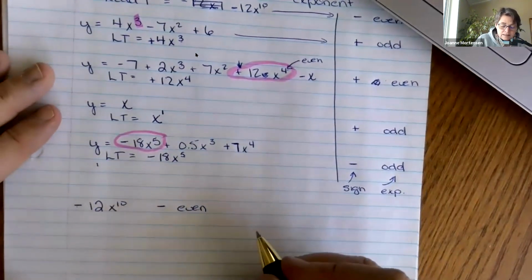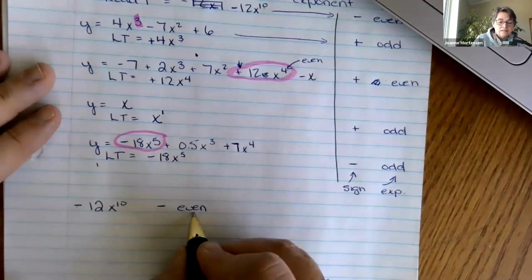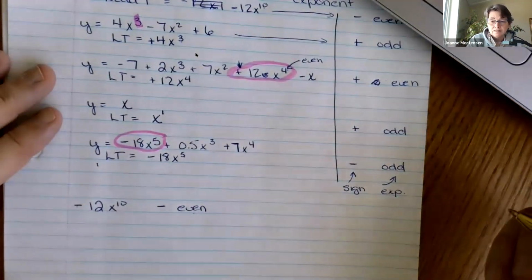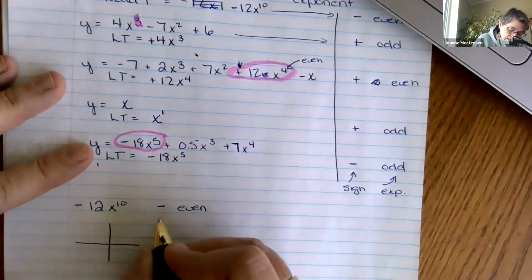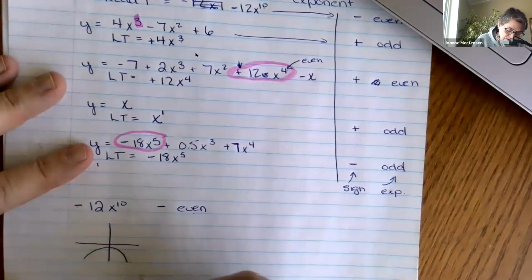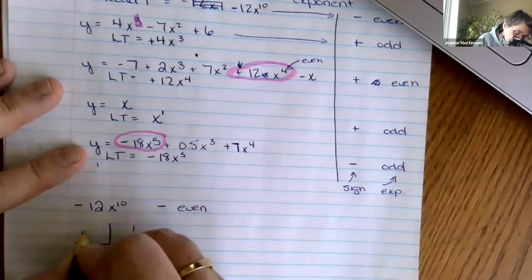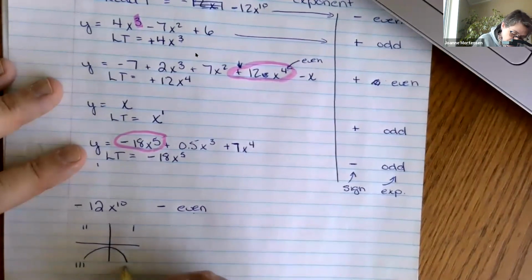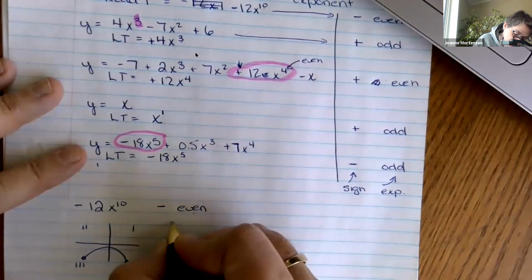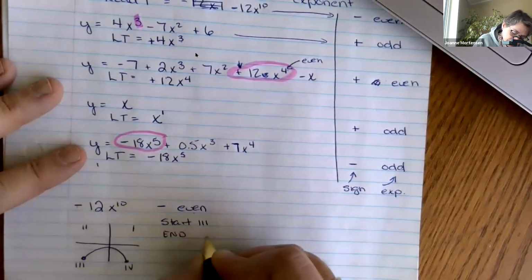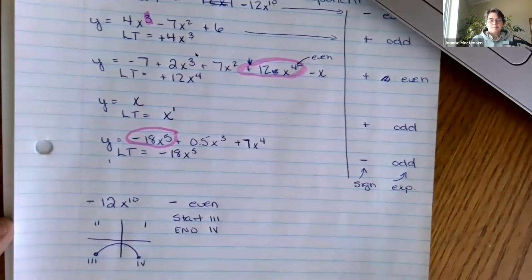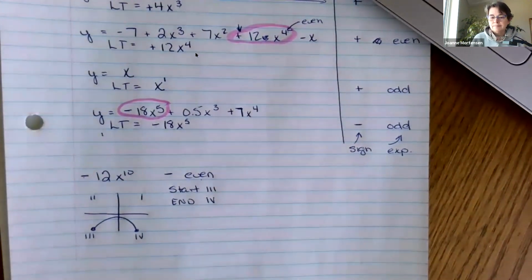Okay, so I know even, this is how my mind remembers it, is either a smile or a frown. And the negative one is the frown. So 1, 2, 3, 4. So that is going to be my start is 3. My end is 4. That's what you need to know.